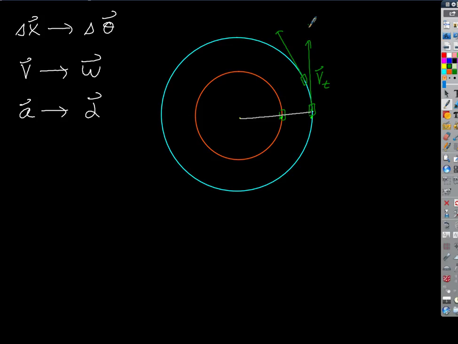But there must also be some other kind of acceleration acting in a different direction, because even if there is no angular acceleration, it's still accelerating because it's changing direction. Does anybody want to hazard a guess in what direction the acceleration is acting, even if this car is traveling at constant speed? Inward. Inward. Yeah. Prove it.